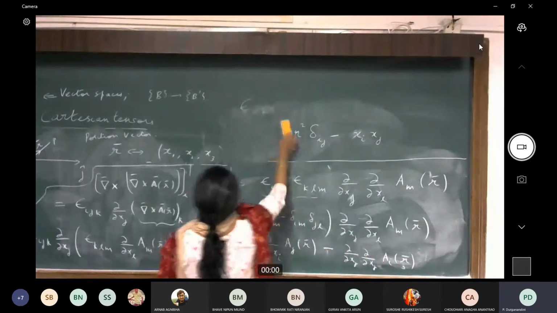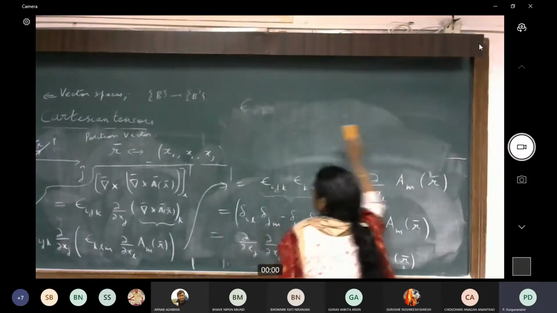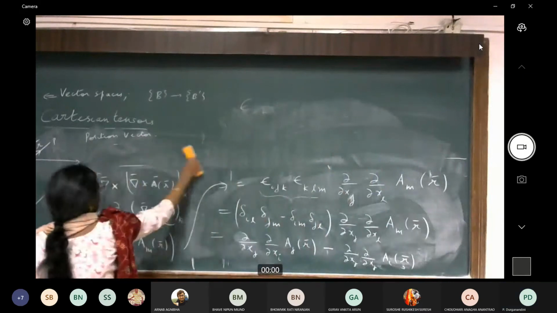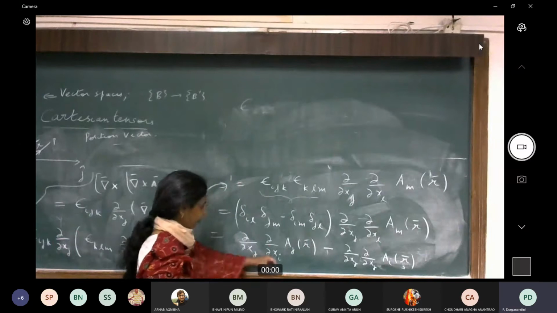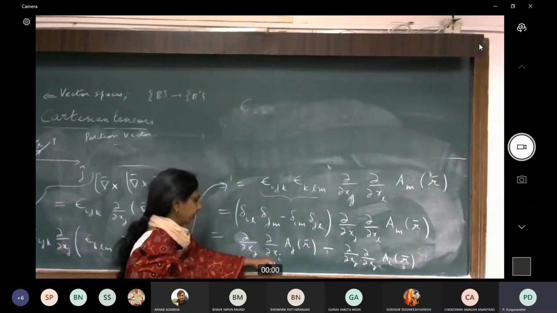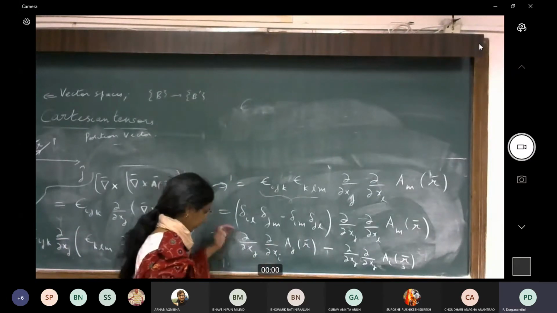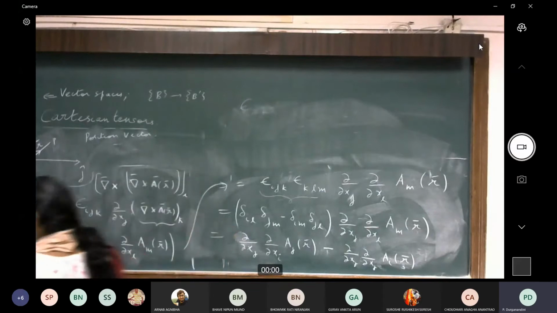Or in other words, I can use the fact that I can permute these two derivatives, because whether I do first the derivative with respect to x or first the derivative with respect to y, it doesn't matter because these are Cartesian systems.